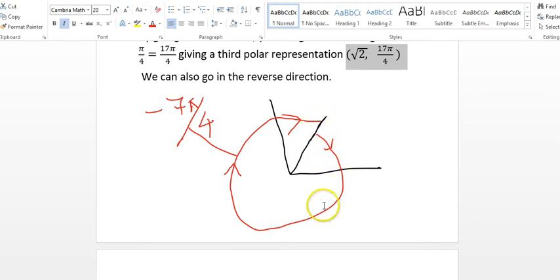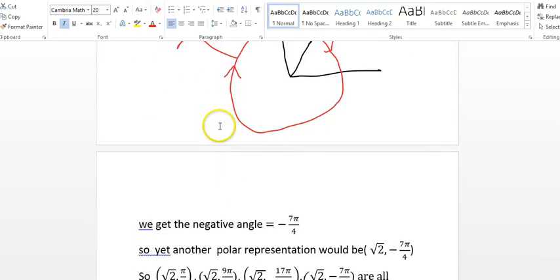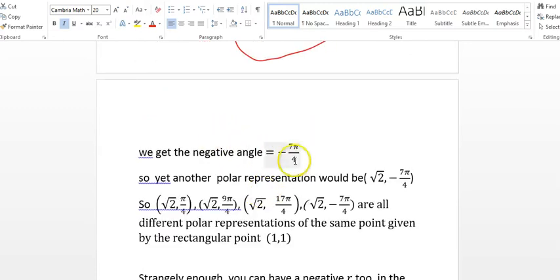So it will be 2 pi minus pi over 4, which is 7 pi over 4, but we are going in the negative direction, so it's negative 7 pi over 4. So yet another representation is r still square root 2 and theta negative 7 pi over 4.